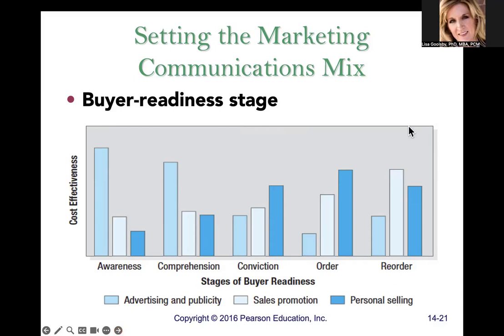If you look at this graph here, this blue color is advertising and publicity, really popular at the awareness stage. So you're going to see a higher usage of advertising and publicity. Sales promotion, again, during that awareness stage, is really helpful because you're going to get trial of that product.